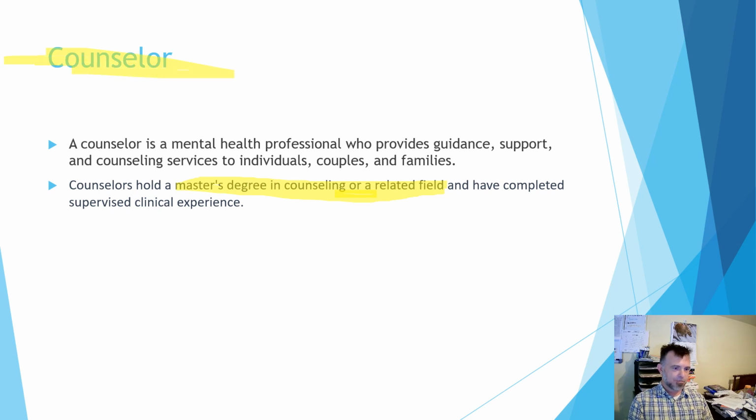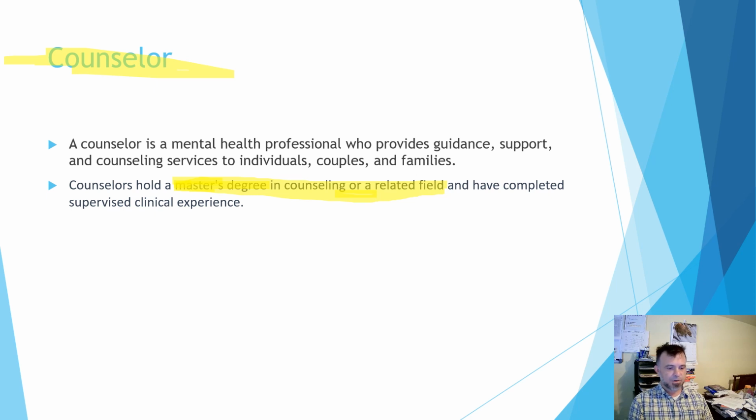Here in the state of Virginia, we have various designations: counselor, social worker. There's just other mental helping professions that you can obtain, but they all require a master's degree. In the state of Virginia, to consider yourself a counselor, you must have a master's degree in counseling.